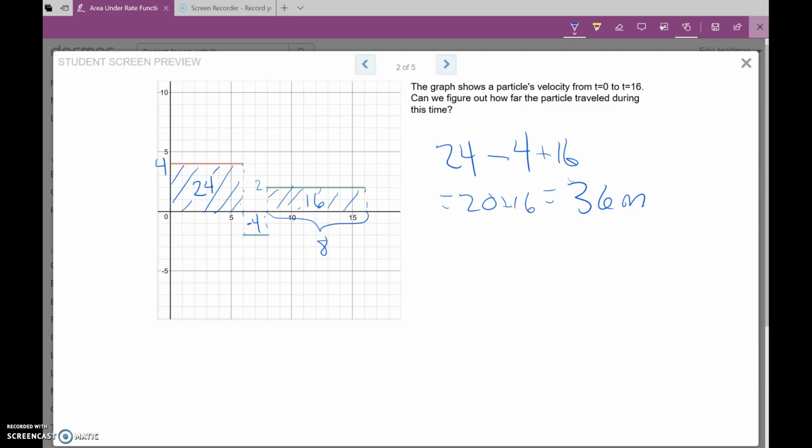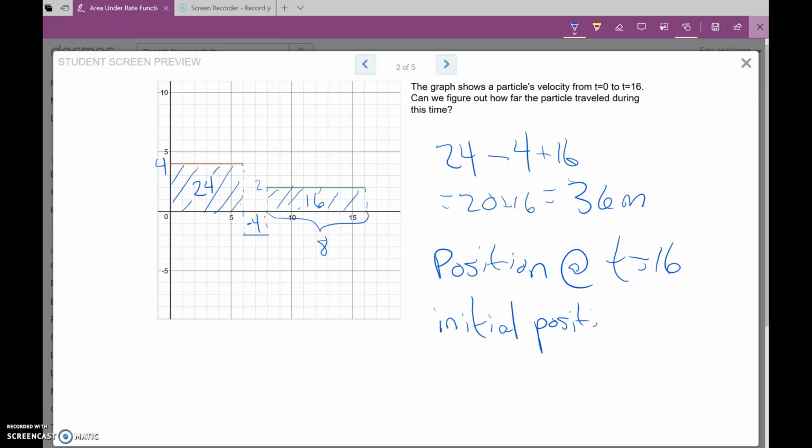So the particle's position at t equals 16 is the initial position plus 36. We ended up 36 meters to the right of whatever the initial position was. If the particle started at position 0, then yes, it is at position 36.